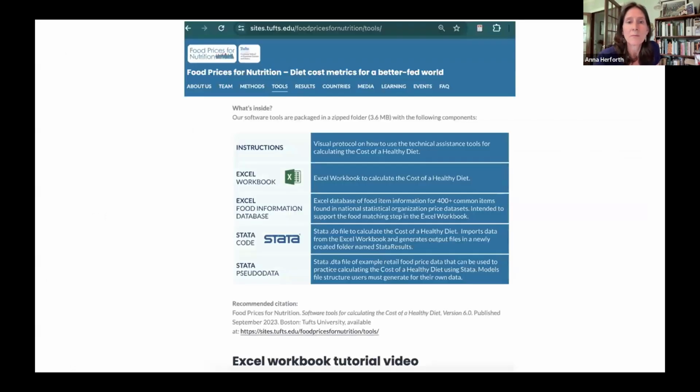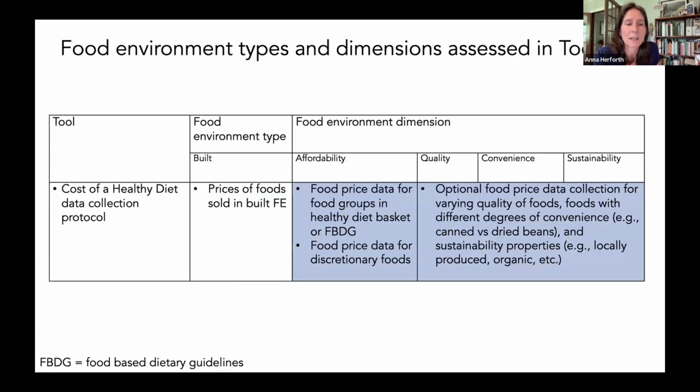So, if you go back to the last slide, I just wanted to mention that we're mainly looking at affordability here, but we can also use this tool to bring in the aspects of quality, convenience, and sustainability, because it is possible to look at the prices of food options that have varying quality or varying convenience or varying sustainability.